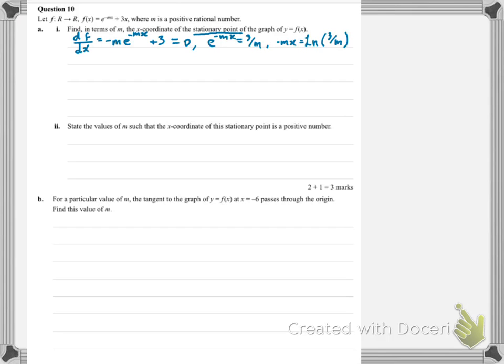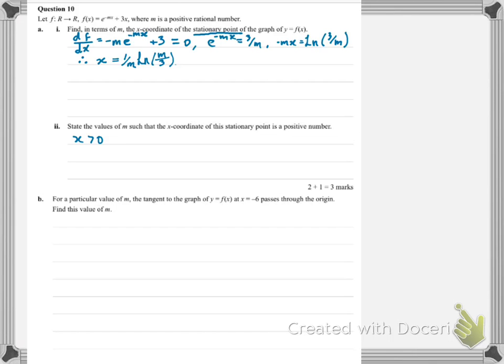Taking the log of both sides and then dividing by that negative 1 over m, that negative m, we'll end up with something like this. So that allows you to see what the x coordinate of the stationary point is.